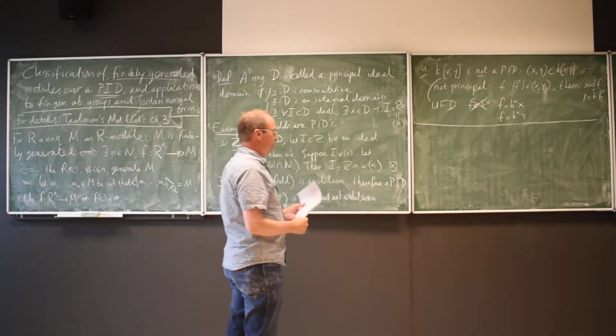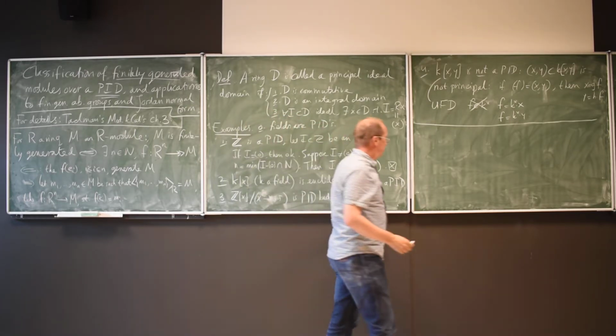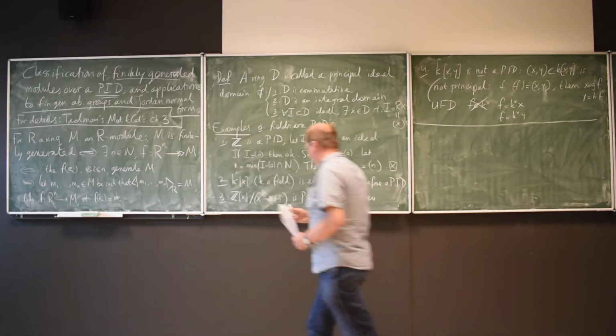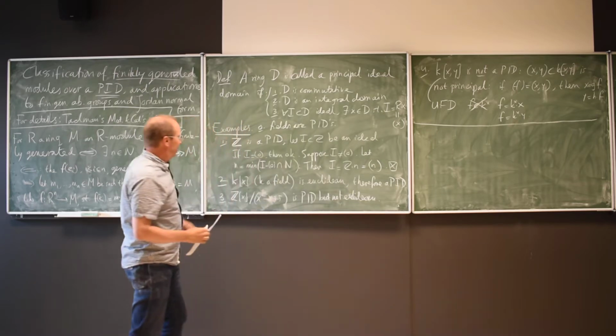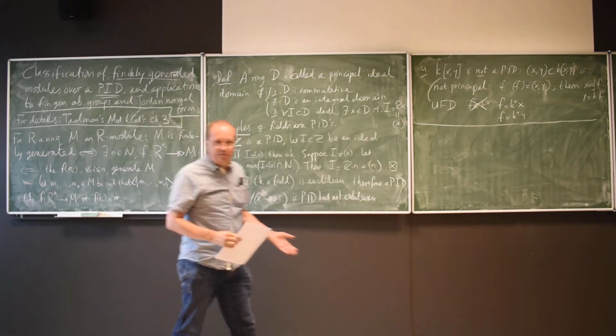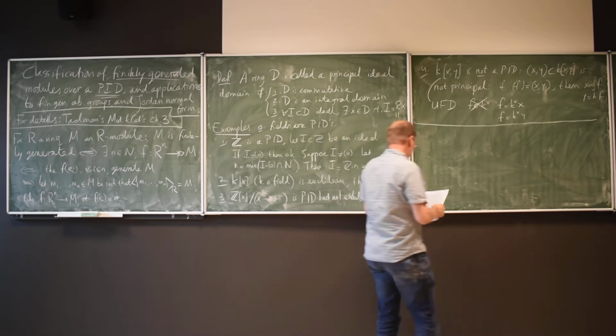Okay, good. Well, in principal ideal domains, you have the same construction as in the integers of a greatest common divisor and least common multiples and such things.